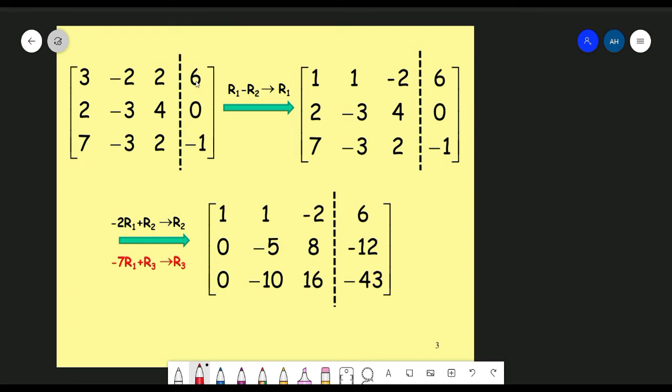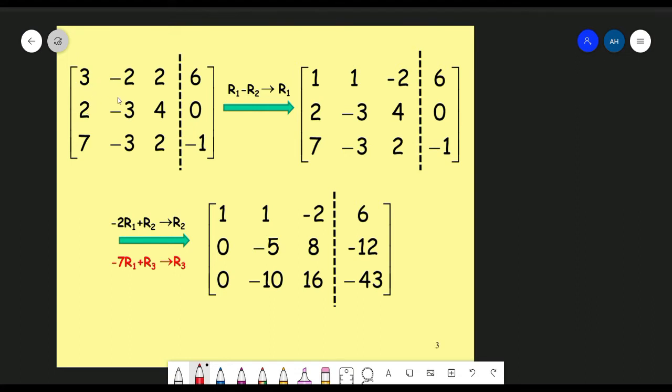But maybe we can avoid dealing with fractions if we look carefully here. We have 3 at this position, and in row number 2, the first number is 2. If we subtract 2 from 3, that is 3 minus 2, we get 1. That will be our leading one in row number 1.